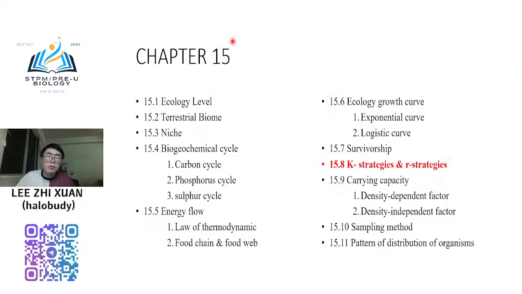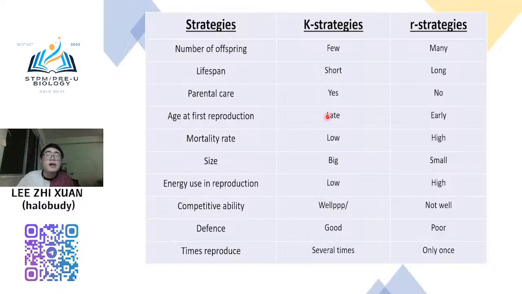Okay, so normally in the examination, dia akan sentiasa keluar comparison. So normally this one is a comparison of variables. In K strategy organisms, the offspring is very few in amount. K strategy, few in amount.